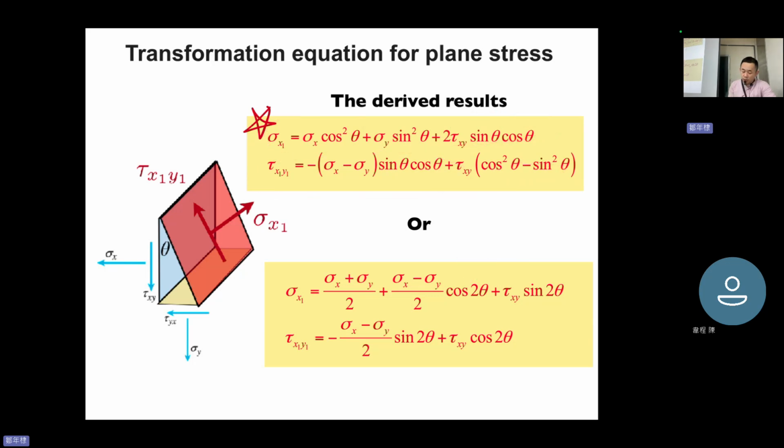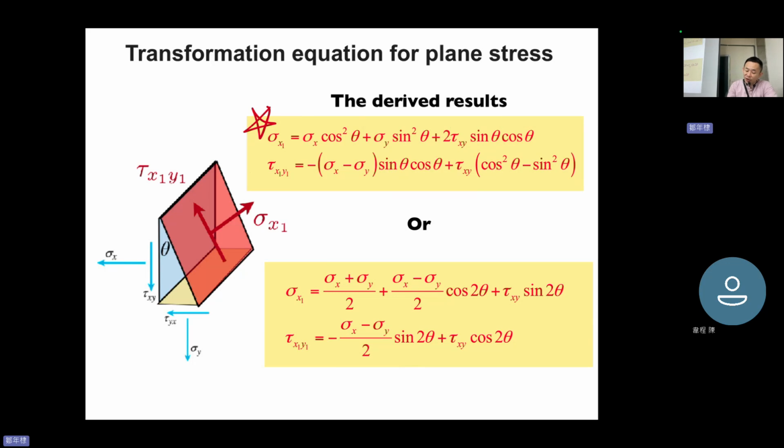Okay, so sigma x1 equals the average of sigma x plus sigma y, plus the difference of them divided by 2 times cosine 2 theta, plus the shear times sine 2 theta. All right. And yeah, looks like that.